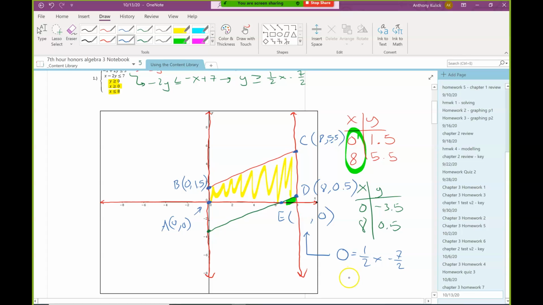Hopefully, without a whole lot of trouble, you can see that x clearly just has to be 7 there, right? 7 times 1/2 minus 7/2 has got to be 0. You could solve it algebraically if you wanted to, but I think you should be able to look at it and just be like, oh, x is 7.